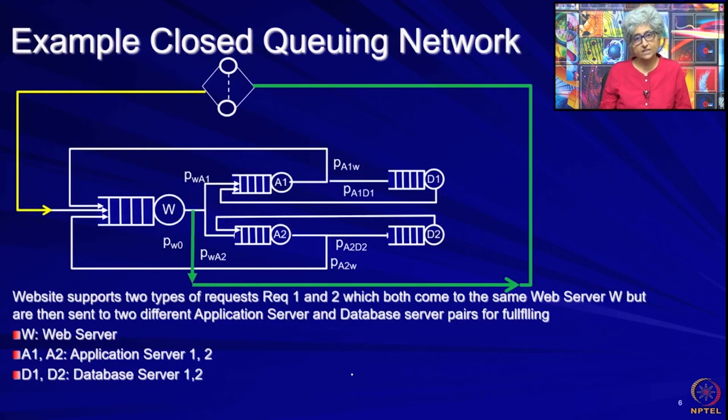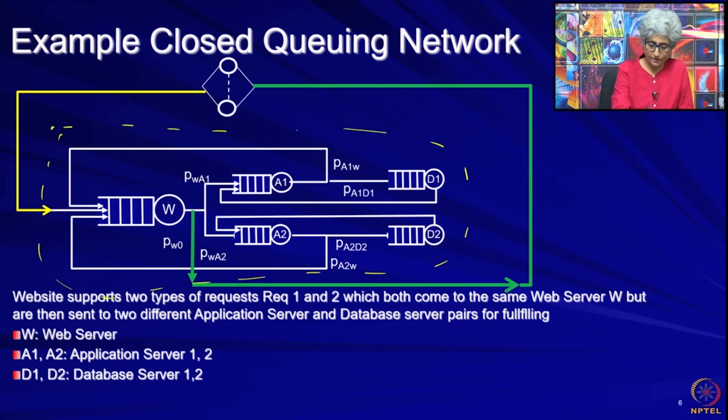So, let us look at this example closed queuing network. If you remember your lecture on the example of the open queuing network, you will quickly realize that this part of the server system looks quite familiar, right. We had the same description. There is a website that supports two types of requests, request 1 and 2, which both come to the same web server, but then they split into two different kinds of application server and database server subsystems.